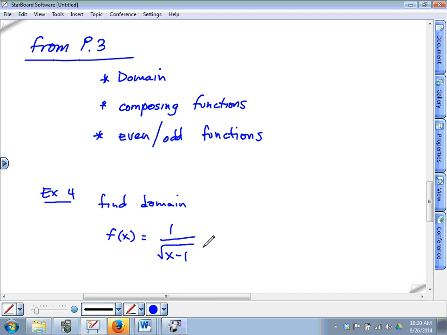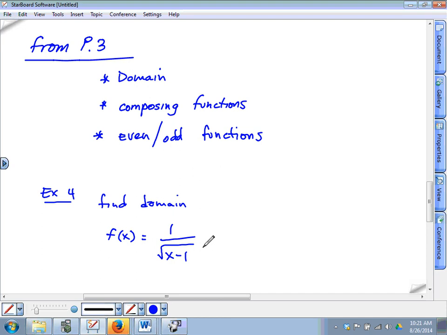Find the domain of that awesome function right there. Now, we're going to talk about this together, and it's good that you're thinking about it, but if you're like, oh, what? Don't worry, we're going to talk about it.